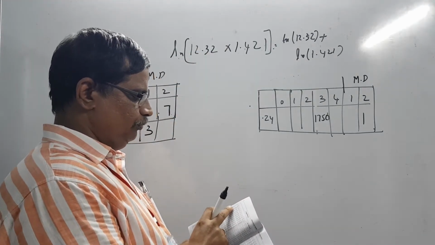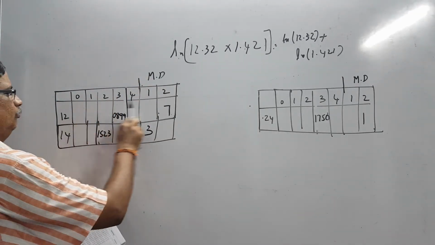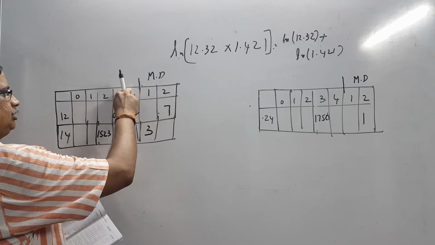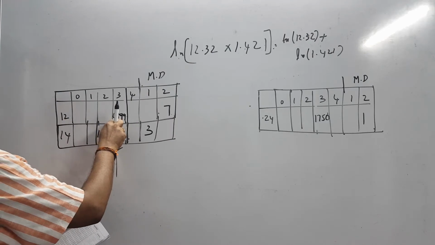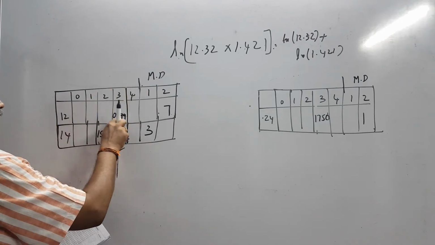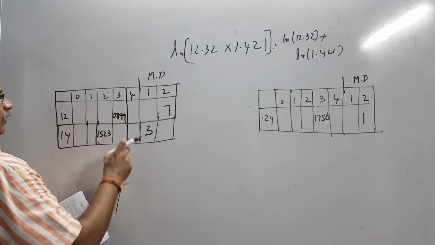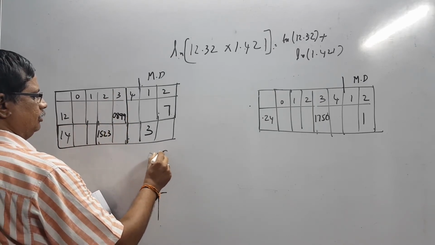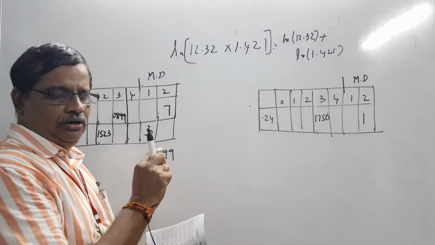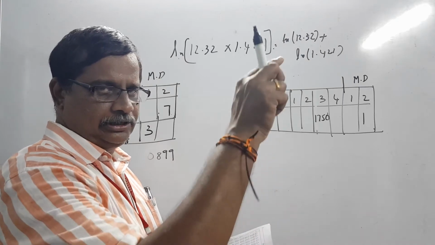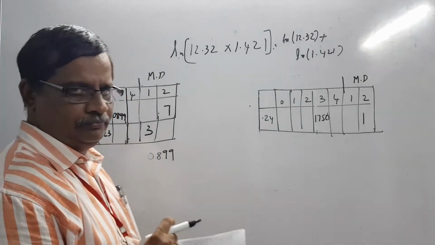At 12, you put your finger, then move it straight to 3, because the next digit is 3. Look at the value where 12 and 3 intersect. You find that the number is 0899.